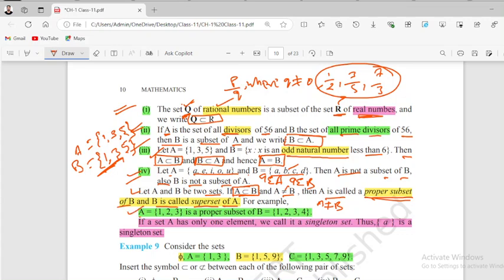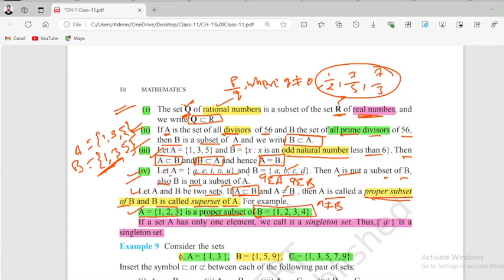Set A equal to {1, 2, 3} is a proper subset of B. Set B contains 4 elements: 1, 2, 3 and 4, and set A contains elements 1, 2 and 3. So A is a proper subset of B and B is a superset of A, because B contains more elements than set A.